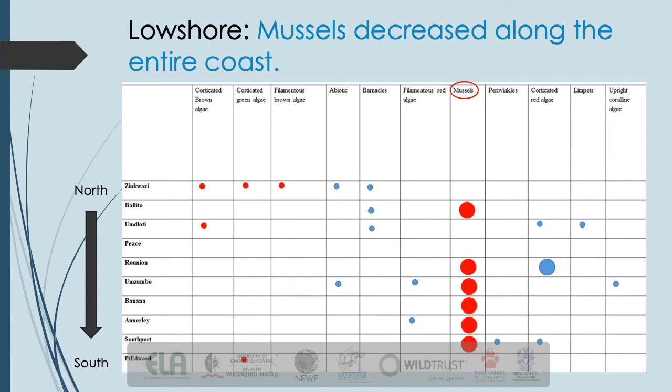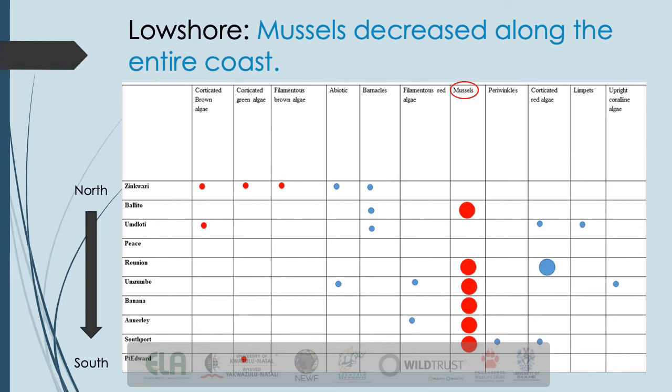Just as a key to this table, the blue circles indicate increases, the red circles indicate decreases, with the size of the circle indicating the magnitude of the change. The smaller circles are between 5 and 9%, and the bigger circles are between 10 and 20%. So there was a 10 to 20% decrease in the mussel biomass along the entire coastline.